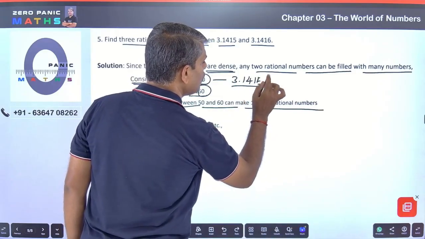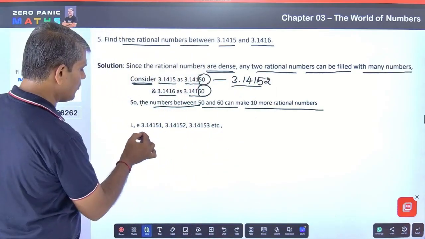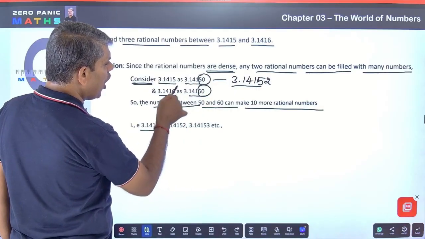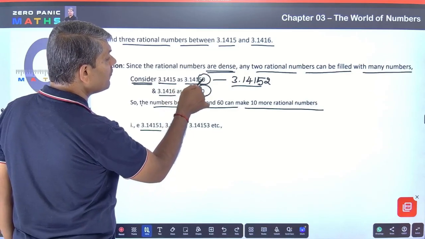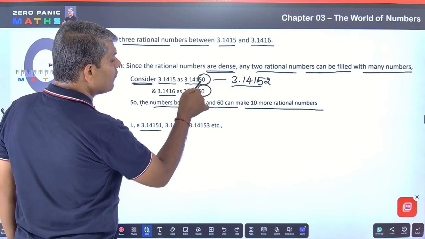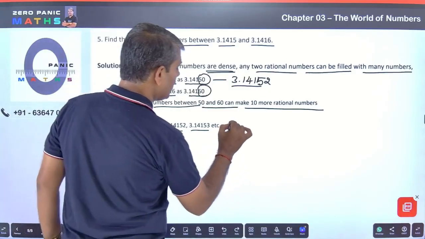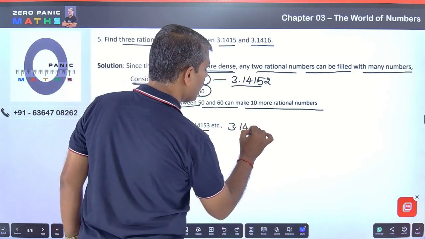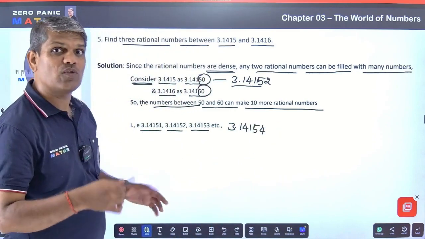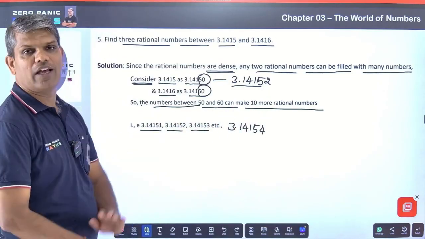If I add 2, that is the next number. So the numbers between 3.14150 and 3.14160 are 3.14151, 3.14152, 3.14153, and so on. You can even write 3.14154, 155, 156, 157, any 9 numbers, totally 9 numbers you can have.